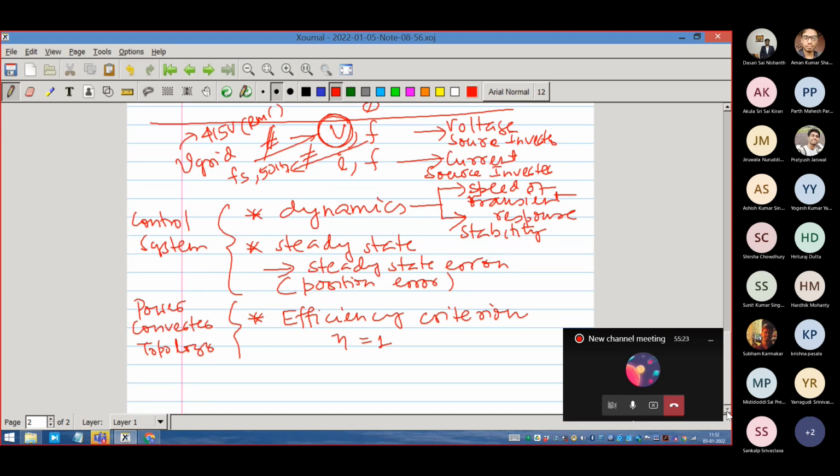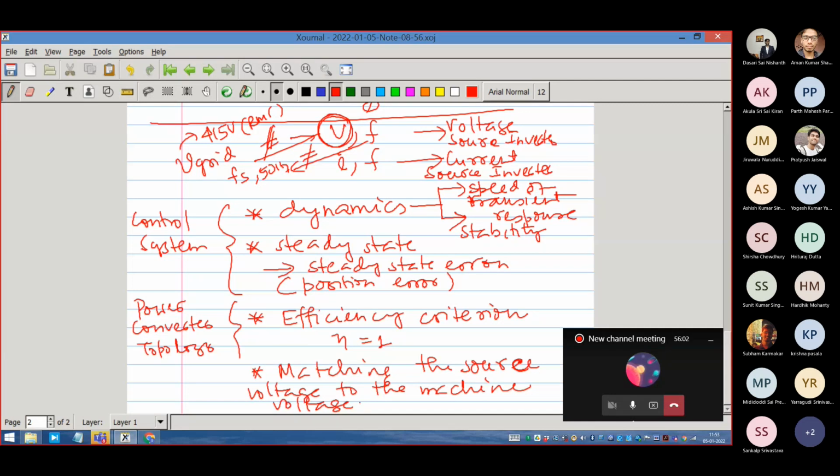And while doing so, it has to look into the control system requirements and the power converter topology. Power converter topology is simultaneously matching the source voltage to the machine voltage, and it can only do that by a power converter topology.